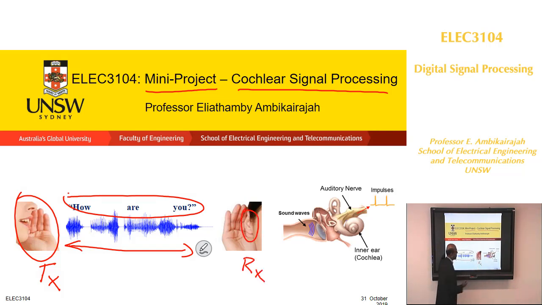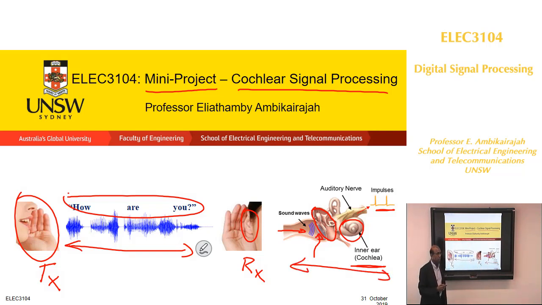The speech waveform goes through the ear canal and causes the eardrum to vibrate, and that vibration is transmitted through the middle ear to the inner ear, which is what we are going to model, the cochlea, and the output of the inner ear is impulses. So all these are filters. We will implement the middle ear and the inner ear as a cascade of filters.